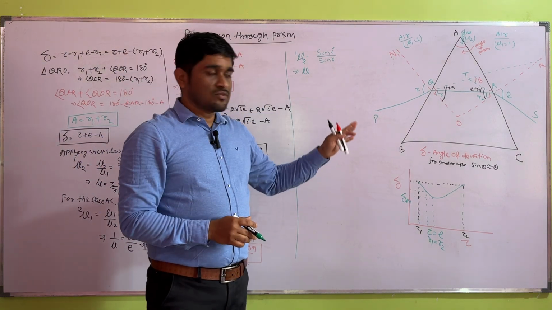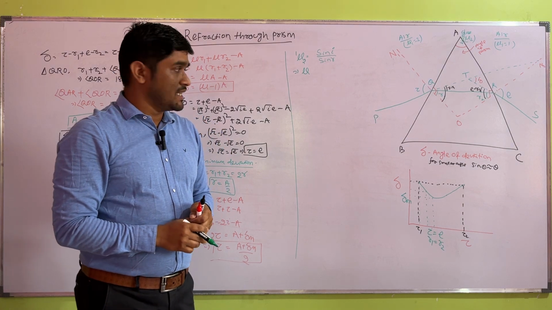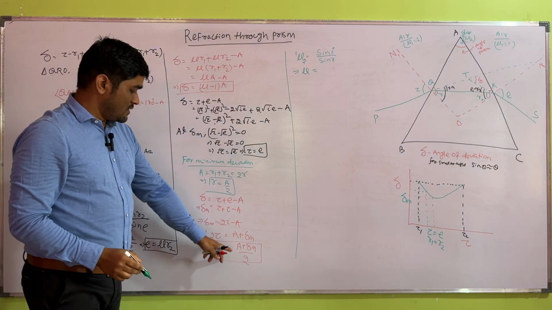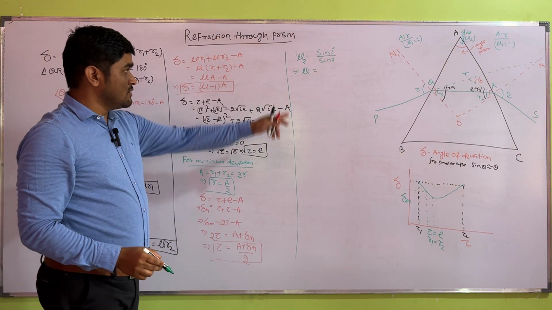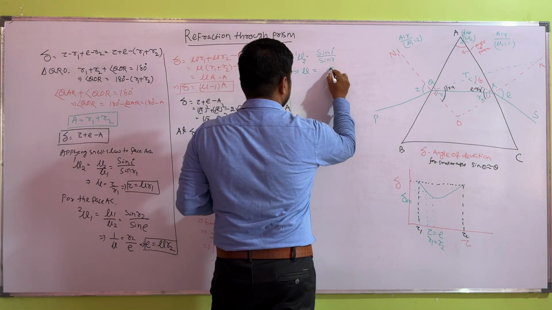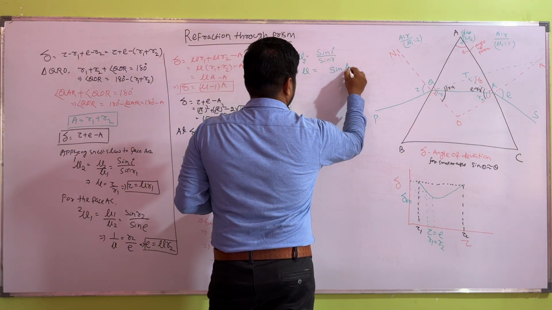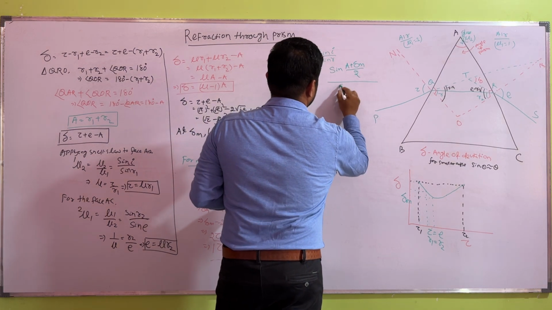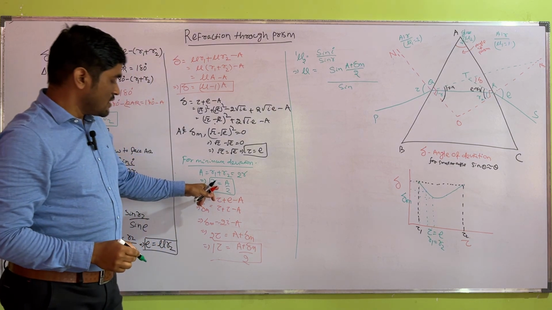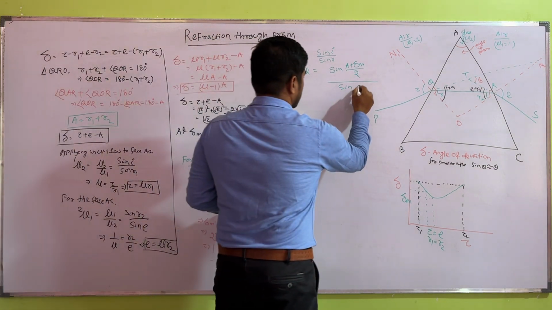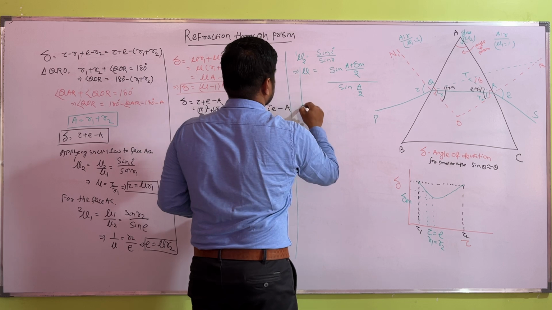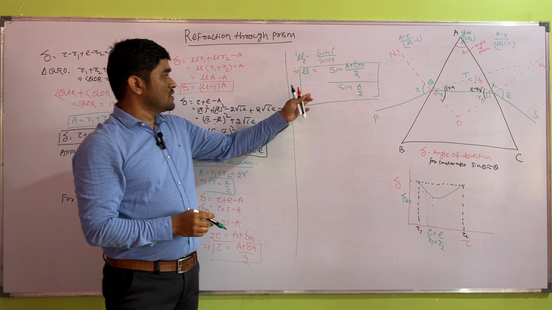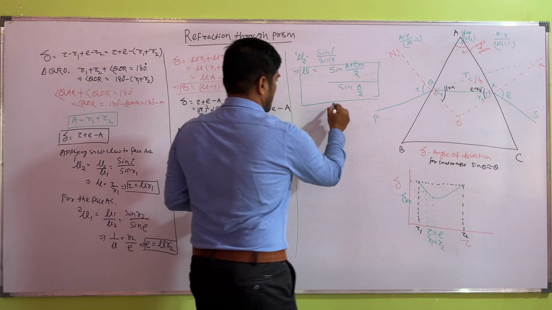The refractive index of air is 1, so this will be mu, the refractive index of the material of the prism. In place of I, you can write this value, so that is sin of A plus delta M divided by 2, whole divided by sin R. At minimum deviation R is A by 2, so this is A divided by 2. Clear? This is known as the prism formula.